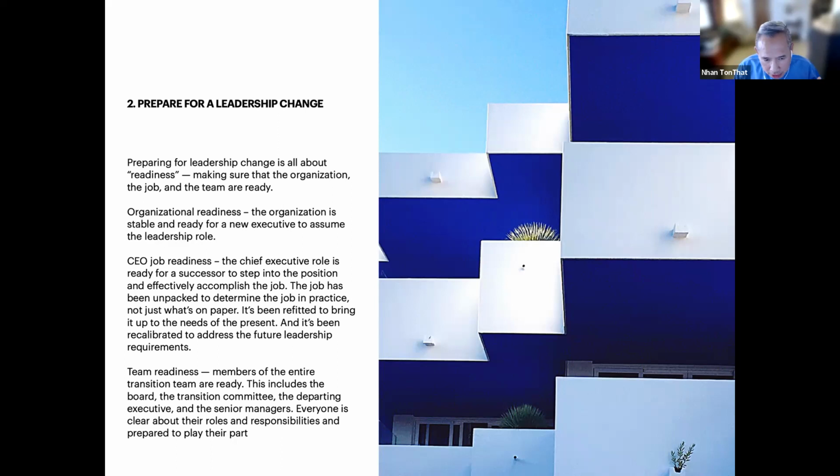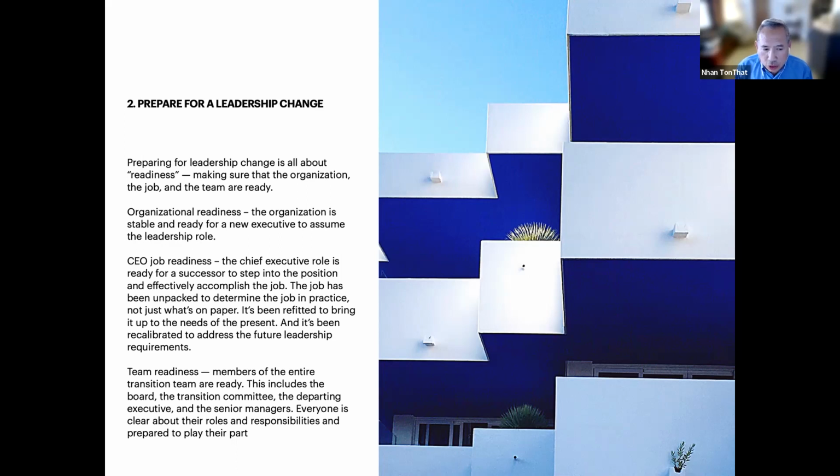And then the teams, right? Is the board ready to be thinking about this? Is there a transition committee? Do the departing leader and the senior managers talk to each other? Do they fully understand their role?